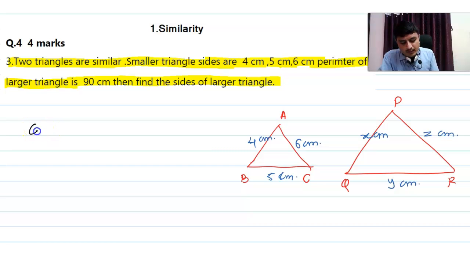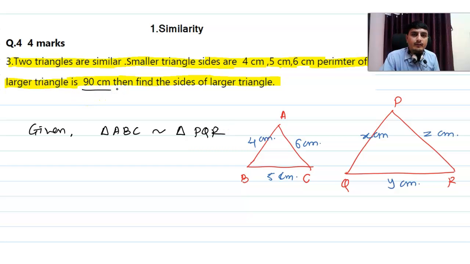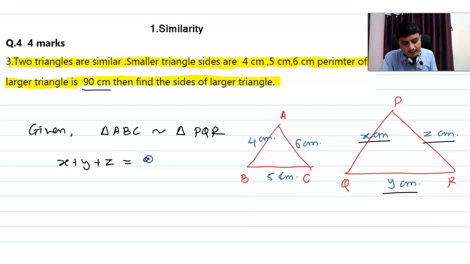As per the given, triangle ABC is similar to triangle PQR, and the perimeter of the larger triangle is 90 cm. What is meant by the perimeter of a triangle? Sum of all sides of a triangle. So X plus Y plus Z is equal to 90.